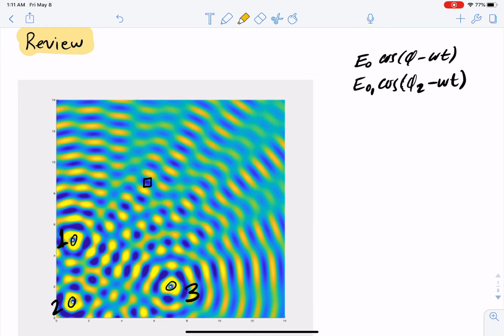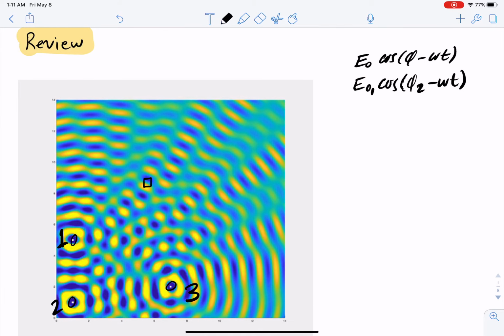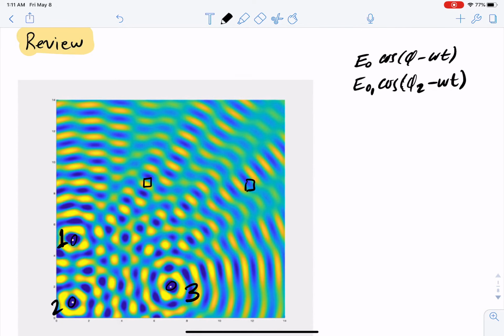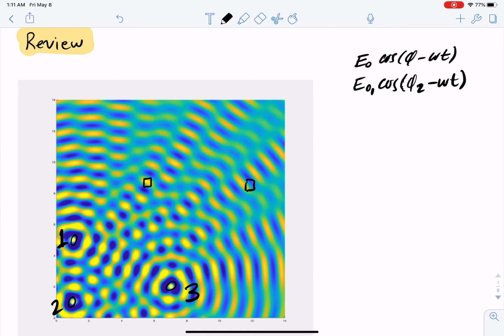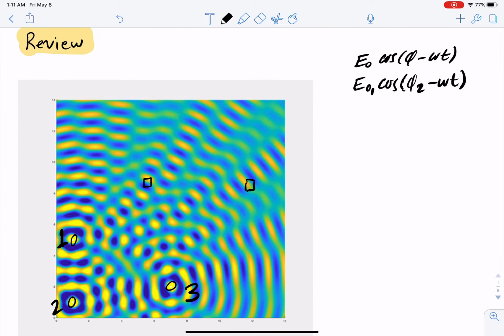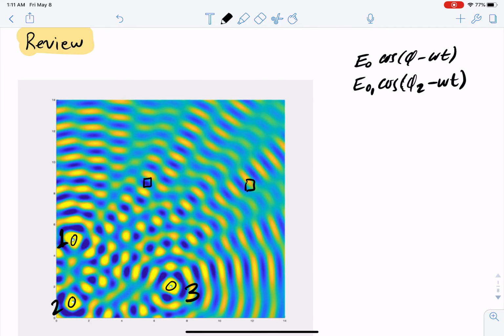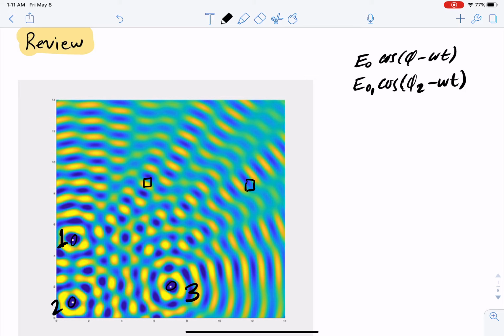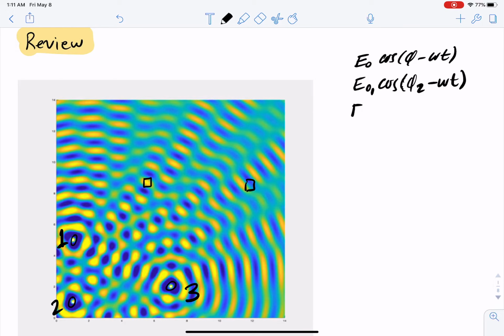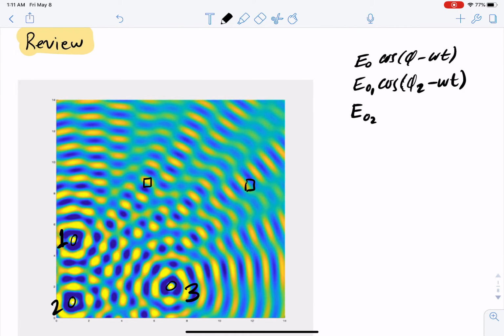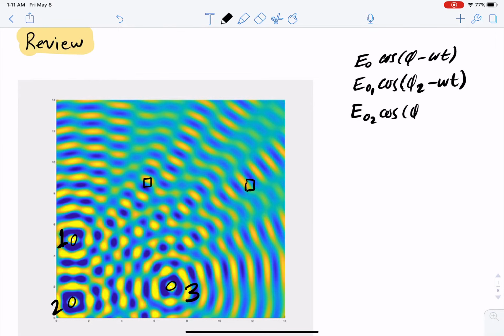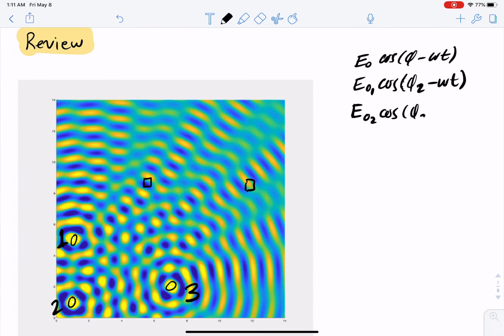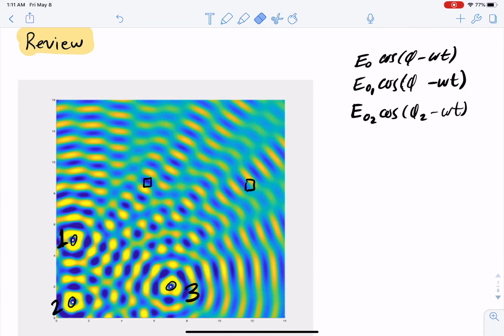Okay, so any place in this field, if we took another point over here, it would have the same sort of thing. It'd oscillate up and down. Of course, the phase would change, and the amplitude could change. So any place in this field, you'll have an amplitude and a phase. And you'd have a different amplitude and phase depending on which source is selected.